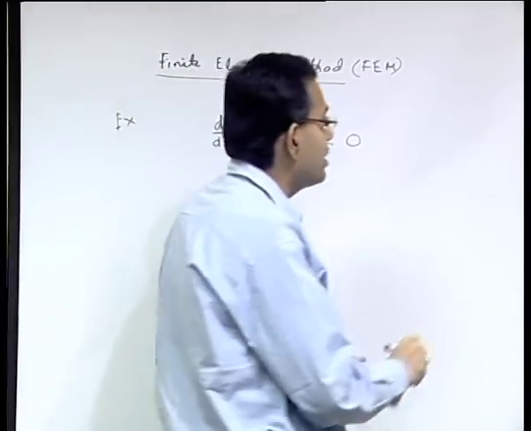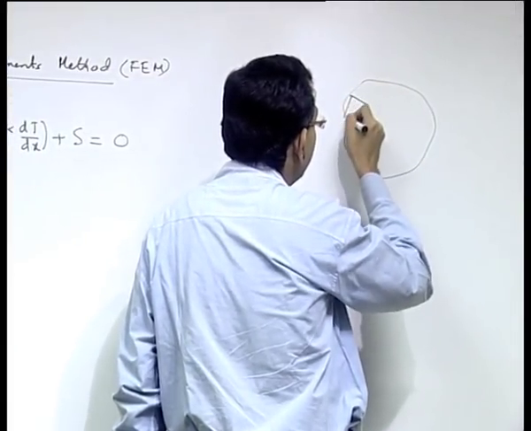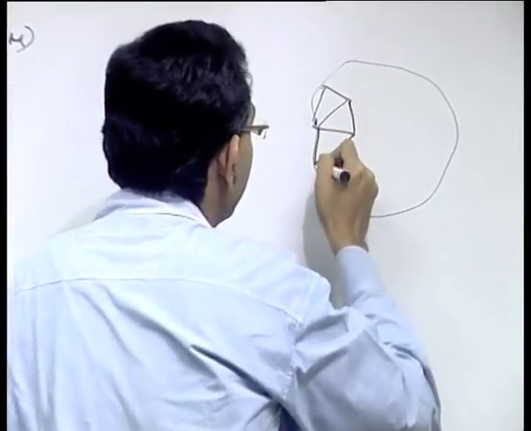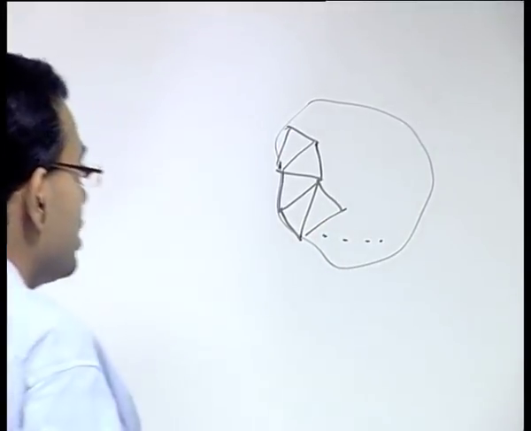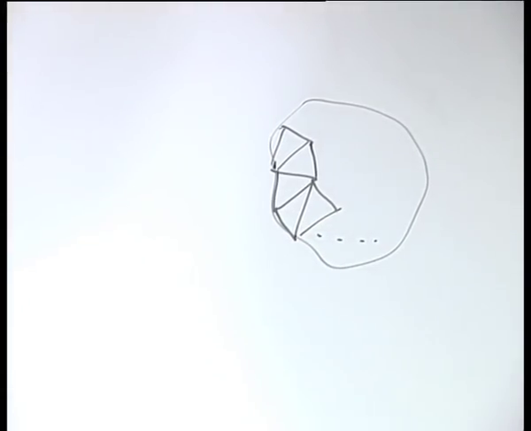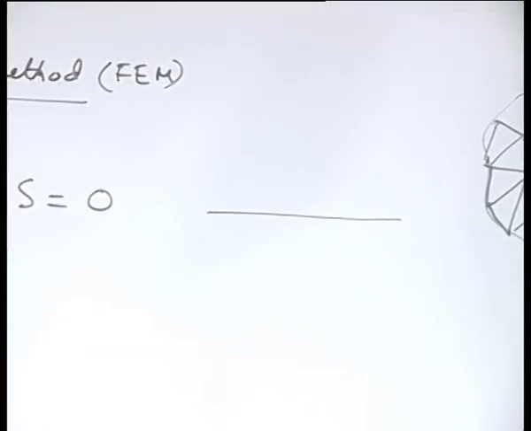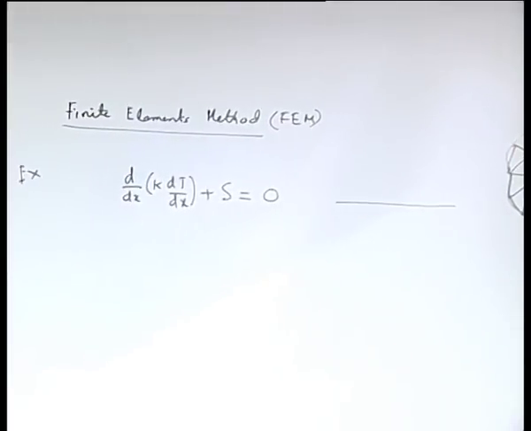So, if it is a 2 dimensional or 3 dimensional problem, you could have subdomains of different shapes, maybe in this way we can go on. This is a 1 dimensional problem. So, here the subdomains are nothing but straight lines. So, you have this as a total domain.